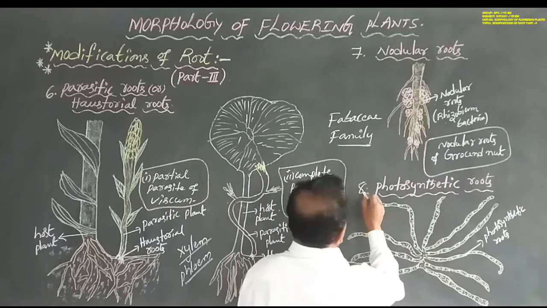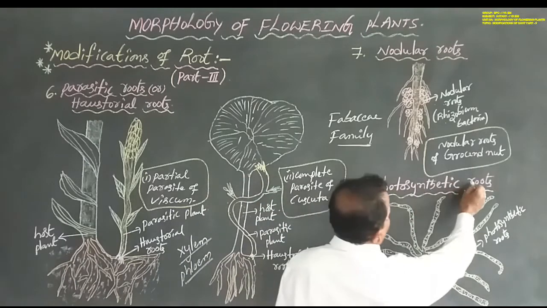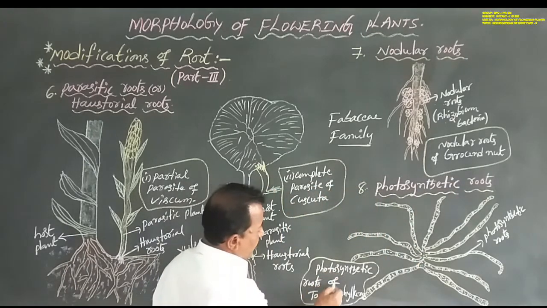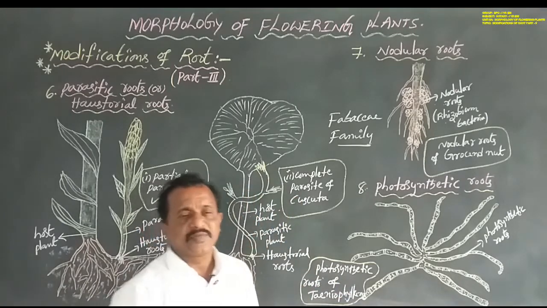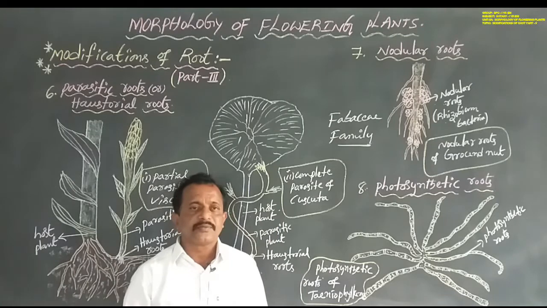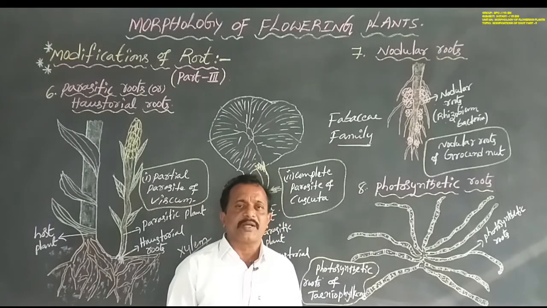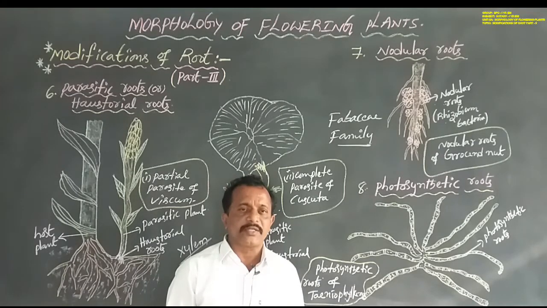Next, the eighth type of root modification, that is photosynthetic roots. This is a photosynthetic root of Taeniophyllum. Generally, all roots carry water and mineral nutrients from the soil. All leaves carry out photosynthesis, making their own food in the presence of sunlight.